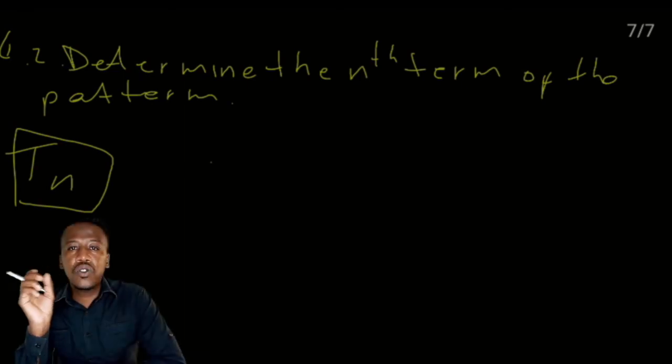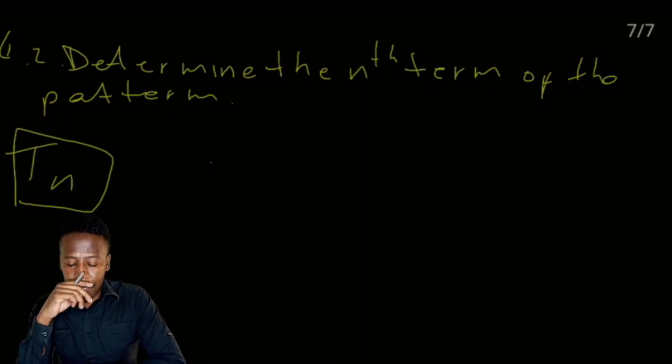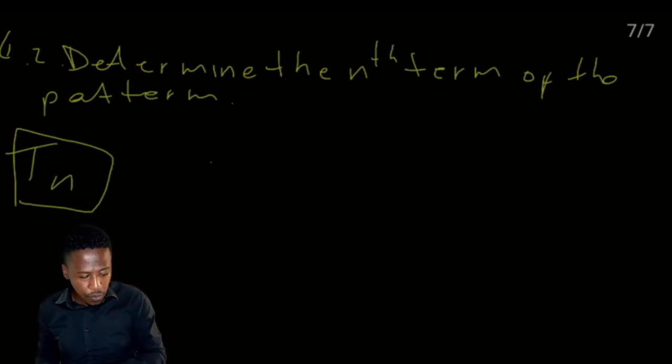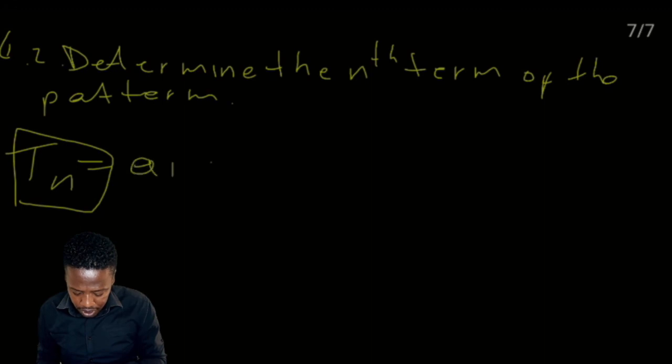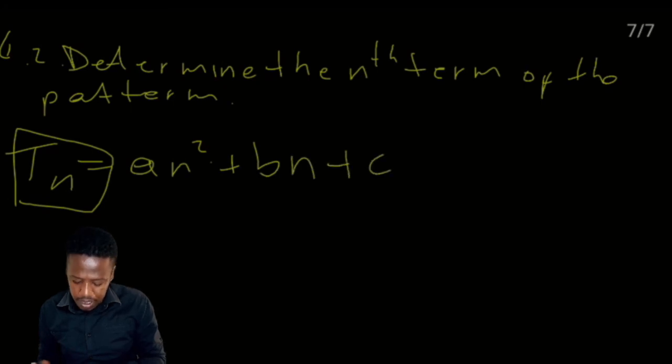Now given that you've been told that it's a quadratic pattern, what should come to mind? My quadratic pattern formula, right? Which formula are we going to use? We are going to say Tn equals an squared plus bn plus c, right?